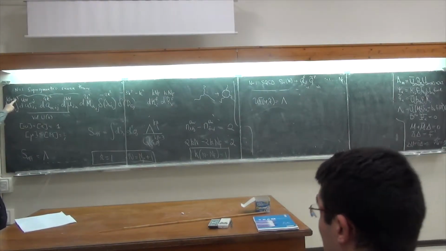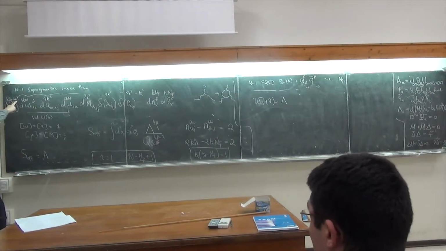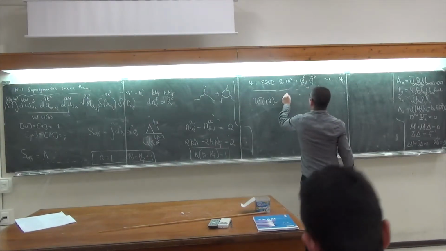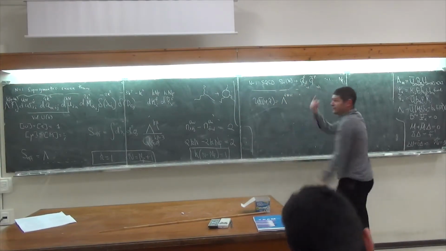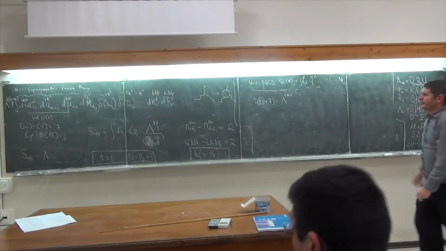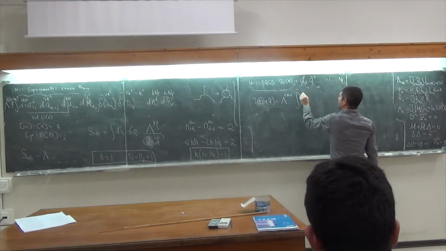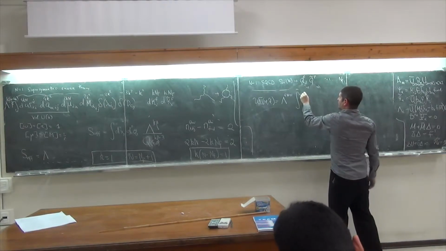Okay? But nf is n minus 1. Therefore, this is just 2n plus 1. K is 1. Okay? The integral of dw, this is just 4.